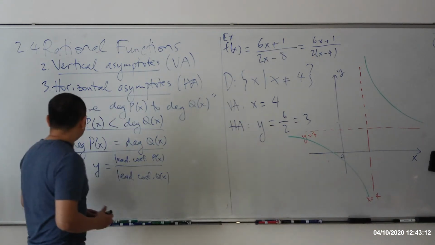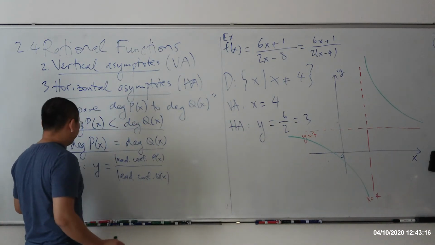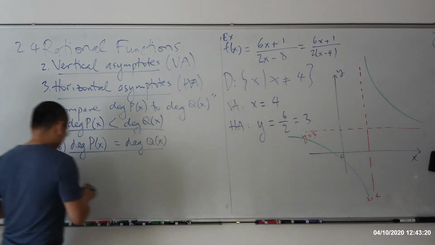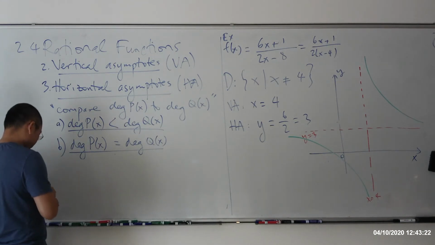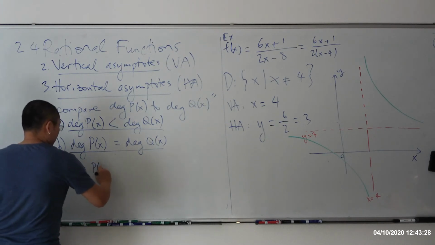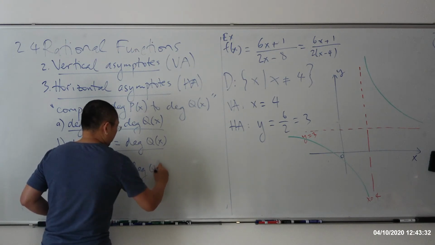The third case is when the degree of the top is bigger than the degree of the bottom. C. The degree of P of x is greater than the degree of Q of x. And what happens?